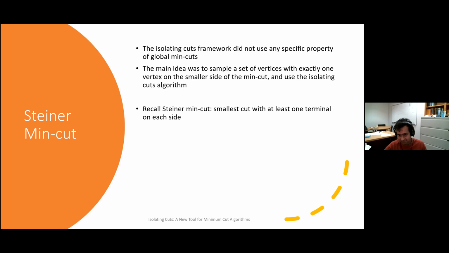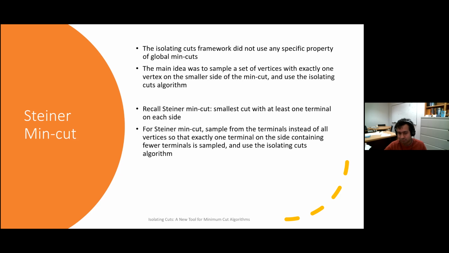And indeed, let's think of the Steiner min cut problem. So here we want to find the smallest cut with at least one terminal on each side. Okay, so I am given a graph, I'm given some subset of terminals. I want to find the smallest cut with at least one terminal on either side of the cut.